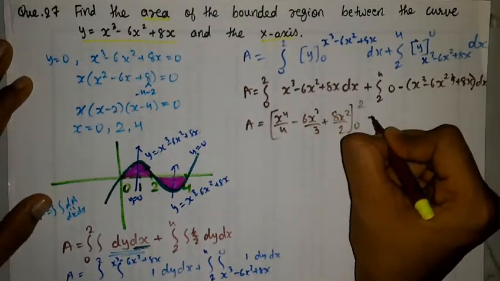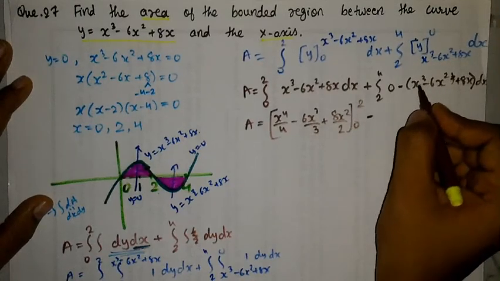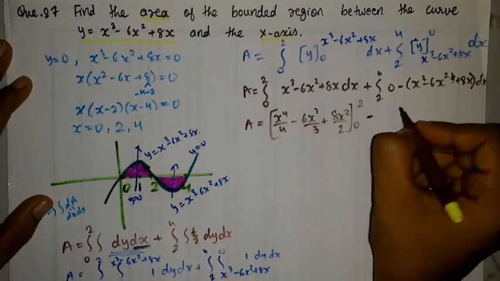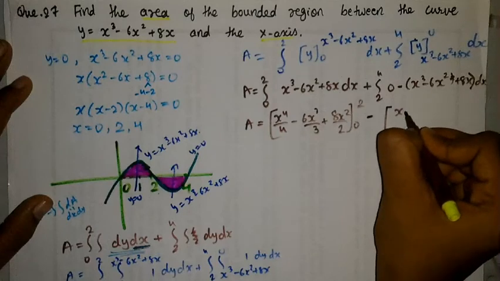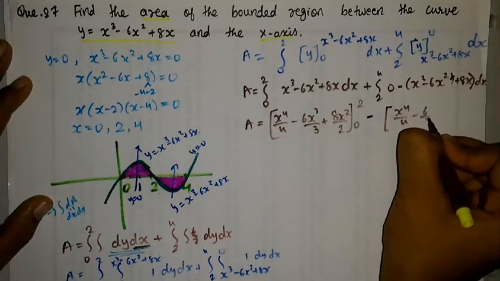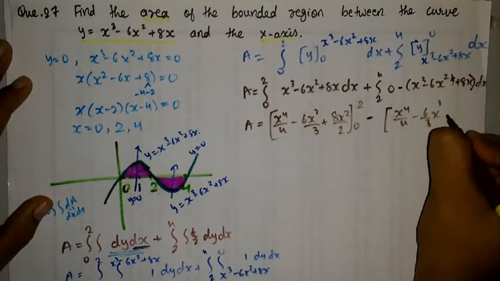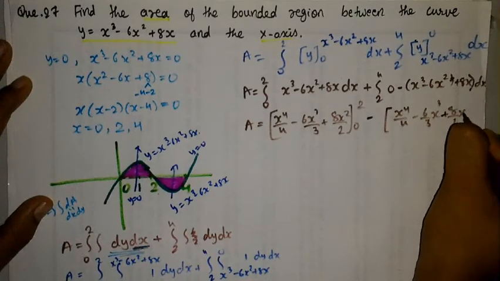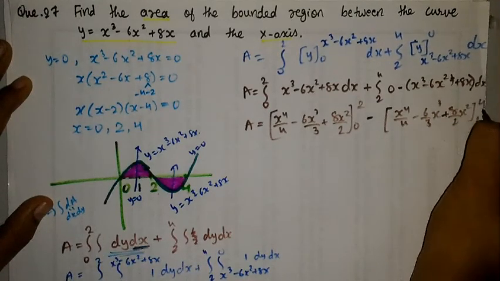Let's take minus outside, so again this will be similar to this, so we get x raised to 4 by 4 minus 6 by 3 x cube plus 8 by 2 x square, its limits are from 2 to 4.